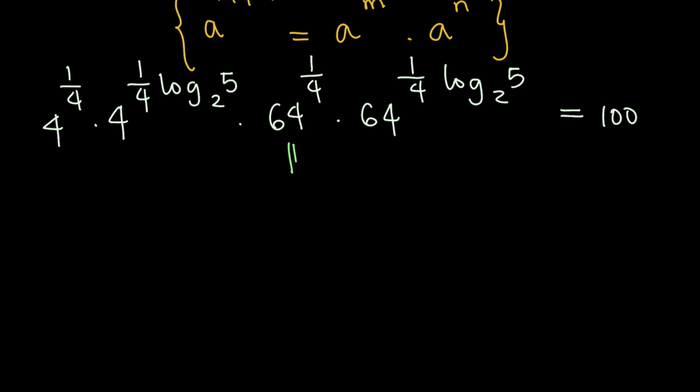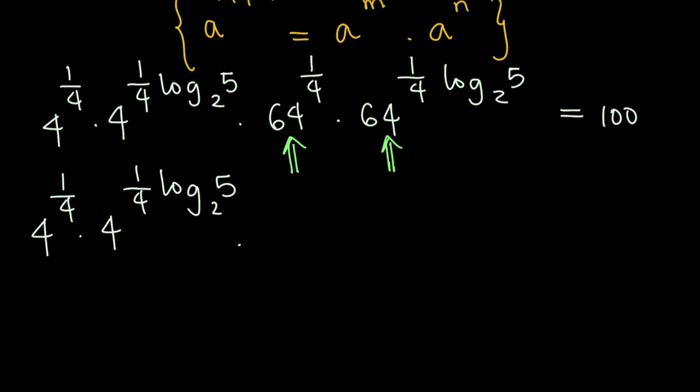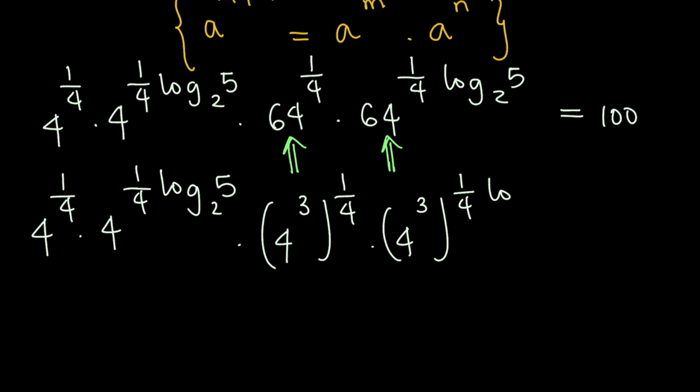Let us work on this, and probably this. We have 4 raised to power 1 over 4 times 4 raised to power 1 over 4 log 5 base 2, and 64 is 4 raised to power 3, then raised to power 1 over 4. 64 is 4 raised to power 3 raised to power 1 over 4 log 5 base 2.